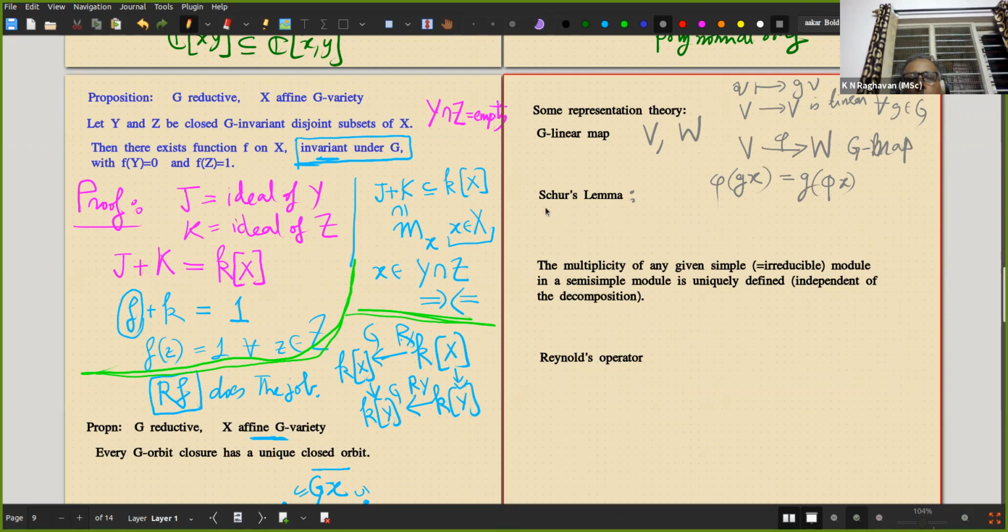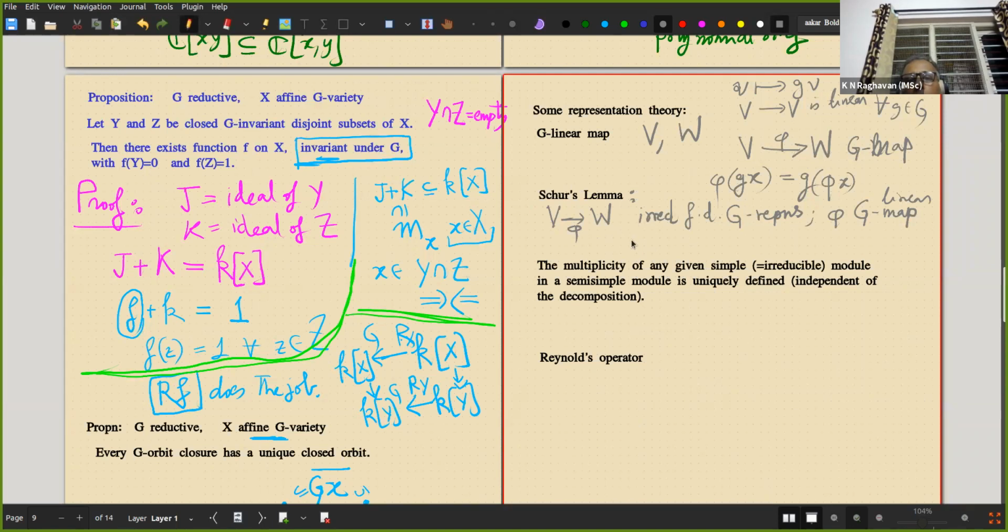What it says is the following: suppose you have V and W irreducible, finite dimensional, let's say, G representations, and φ is a G map between them, a G linear map. It's a linear map which is also G linear.